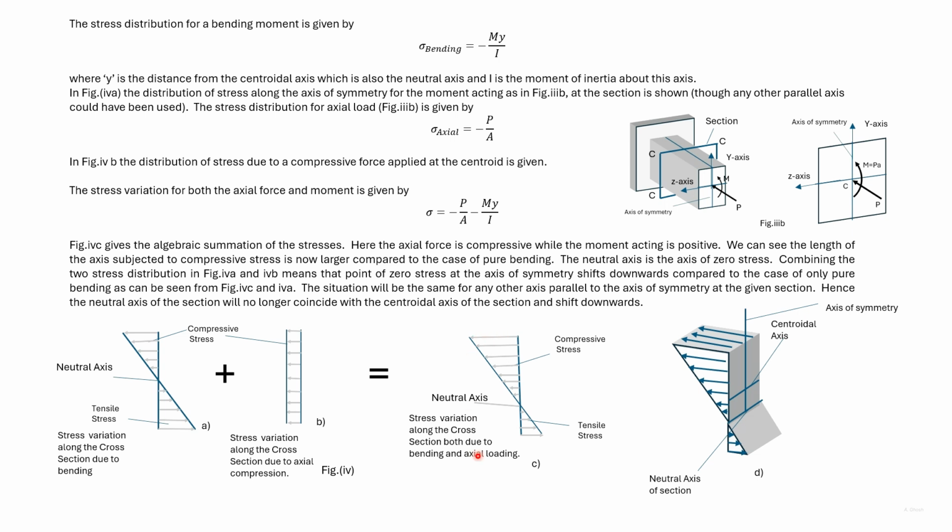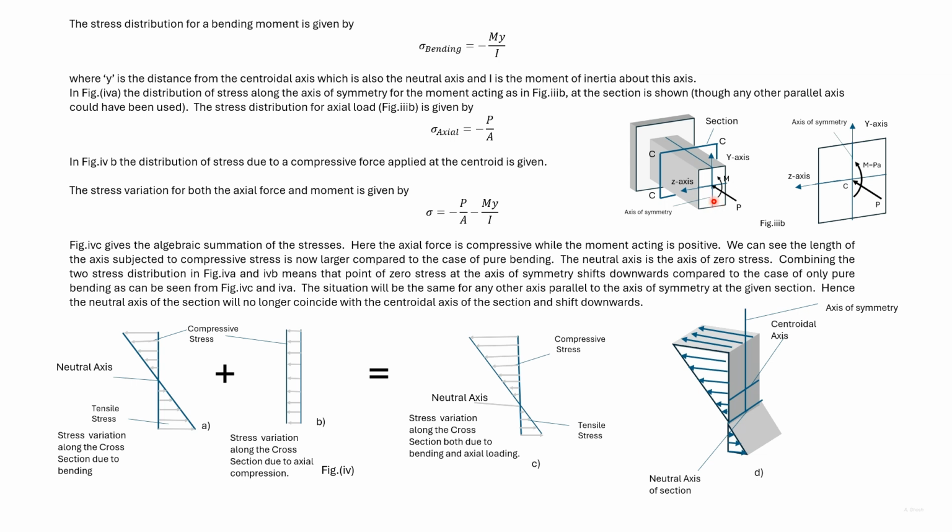This diagram shows the stress variation on the axis of symmetry of this section, but the stresses will be the same if we take any other axis parallel to the axis of symmetry. So this gives the variation of stress on the whole section. Here again we see that the neutral axis of the section has moved downwards from the centroidal axis.